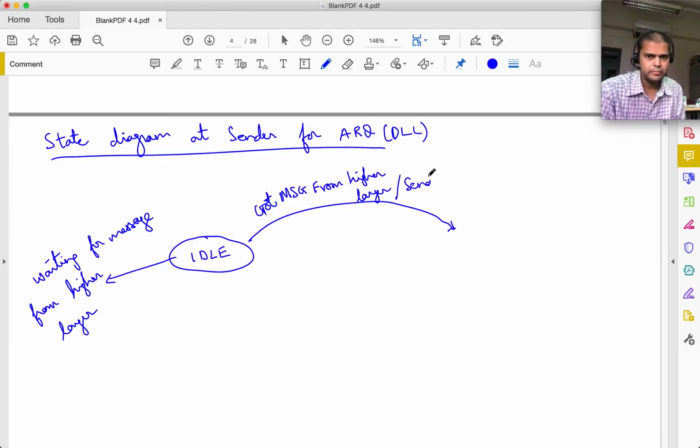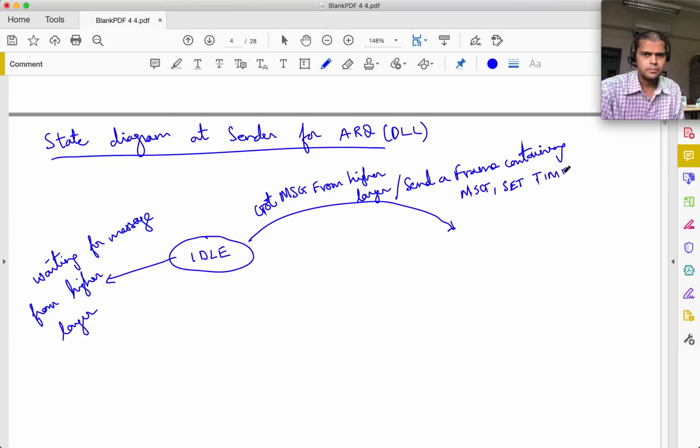Well, we send a frame containing that message, and we set our timer. So now we've jumped to the sent state. So let's say sent frame.